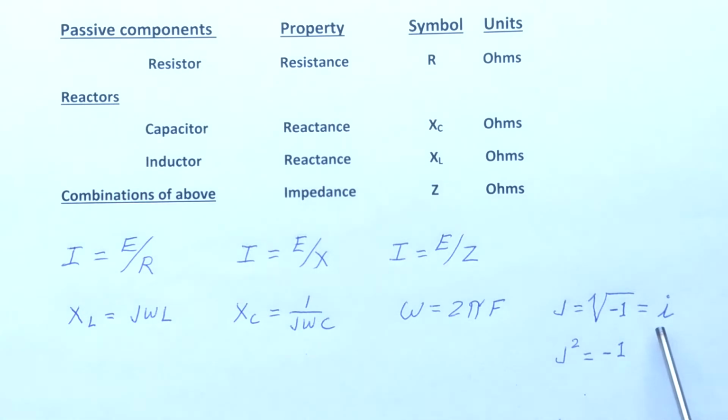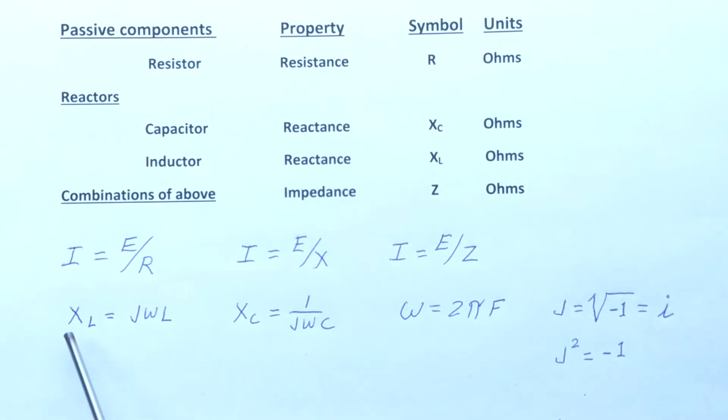Now, in math and other branches of physics, the symbol I is used for this imaginary, but in electrics, I is used to indicate intensity of current, so the letter J is used instead of the letter I for the imaginary.